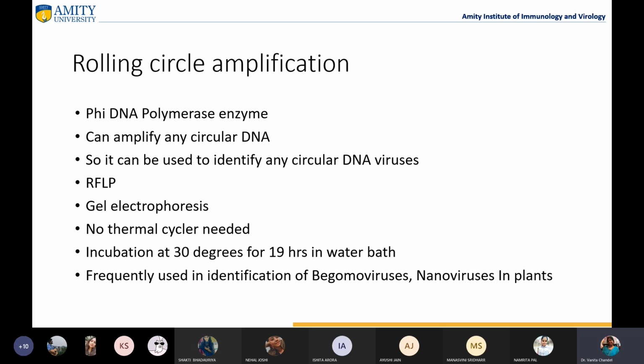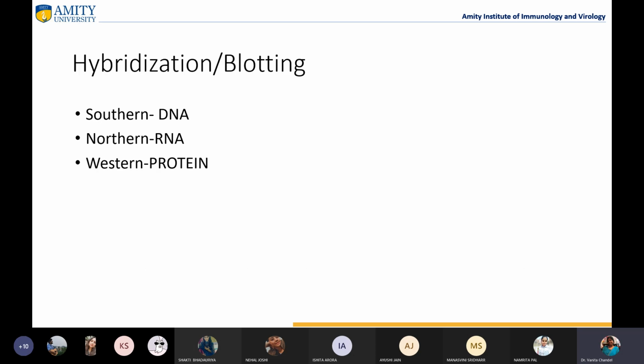They are usually around 2.5 kb, DNA A and DNA B. So if you get amplification somewhere near that, that means that virus is present. This is very commonly used for identification of Begomoviruses and nanoviruses in plants, and it is a comparatively easier method because we don't need any specialized equipment, just a water bath, right?